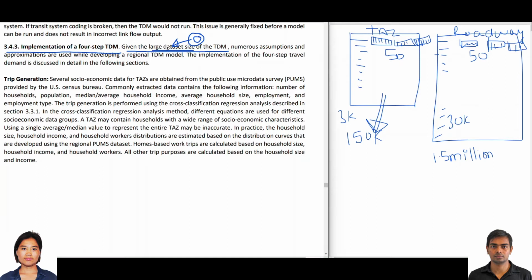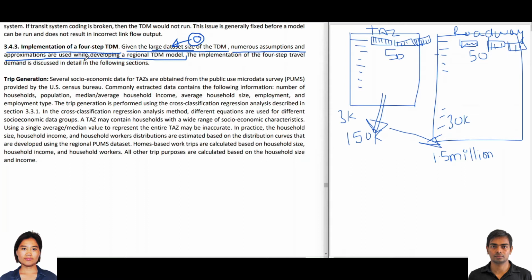Given the large data set input size, numerous assumptions and approximations are used while developing a regional model. We cannot go and collect this much data very easily, so a lot of assumptions and approximations are made, and we need to be aware of those to know if they are valid on a smaller level.